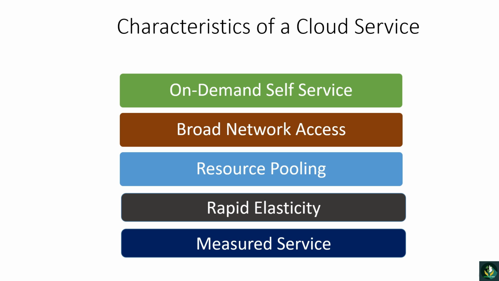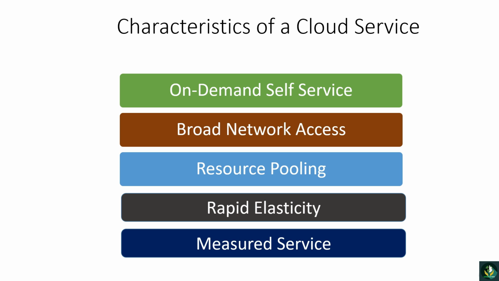The way we see that manifest itself in modern cloud computing is that you go to the cloud provider's portal and you say, I would like a server, or I would like storage, or I would like a service. So you click some buttons and it is automatically provisioned. It may take a few minutes, but there is no human at the other end plugging in servers or provisioning virtual machines. So it happens on demand and via self-service.